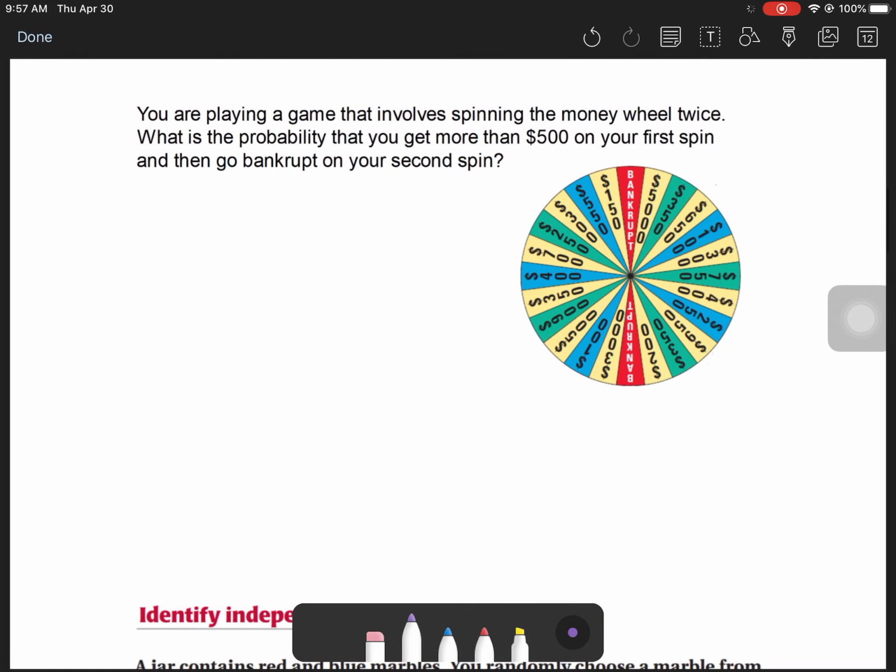First problem, you are playing a game that involves spinning the money wheel twice. What's the probability that you get more than 500 on your first spin and then you go bankrupt on your second spin? So let's find the more than 500.